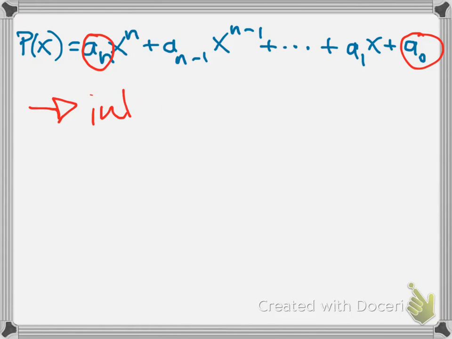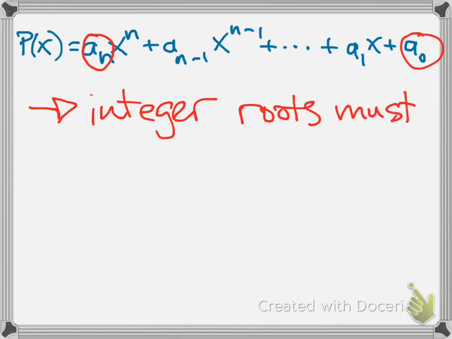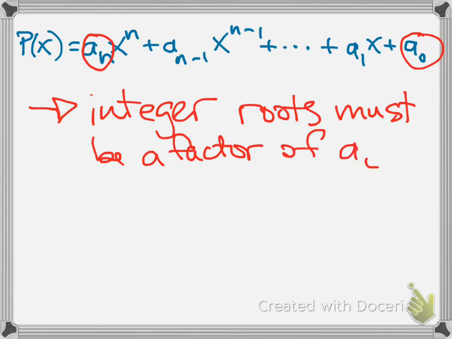So integer roots must be a factor of a sub 0. Meaning that if your polynomial has an integer root, then that integer root must be a factor of your constant term.